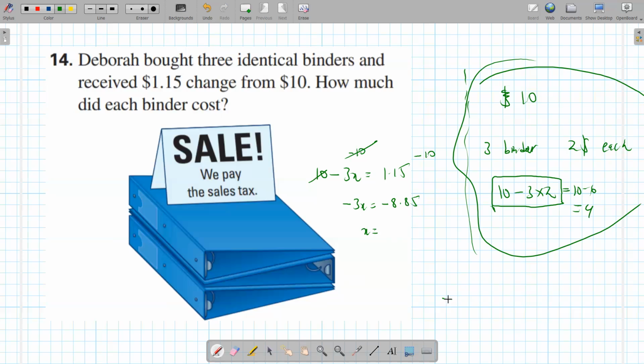And now remember, on your calculator, you have this button. This is not minus. This is negative. By itself is minus. If you see a minus in a bracket, that means it's negative 3. It already comes in a bracket. This negative sign, 8.85, divided by this negative sign, 3. If you do minus here and here, it'll give you a syntax error. Try it. Tell me what you get.